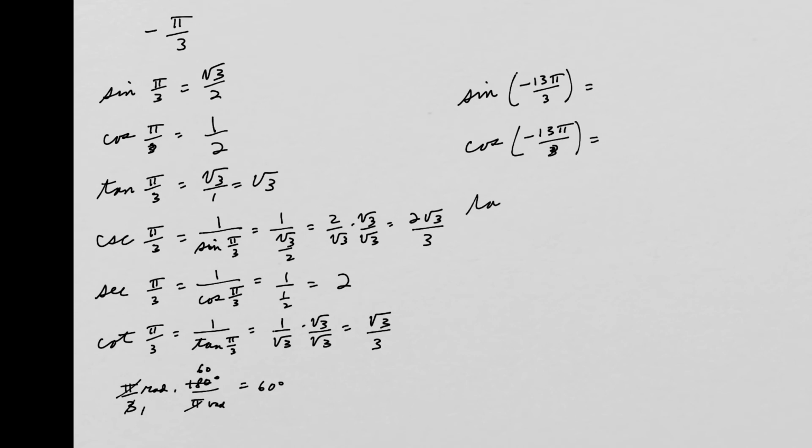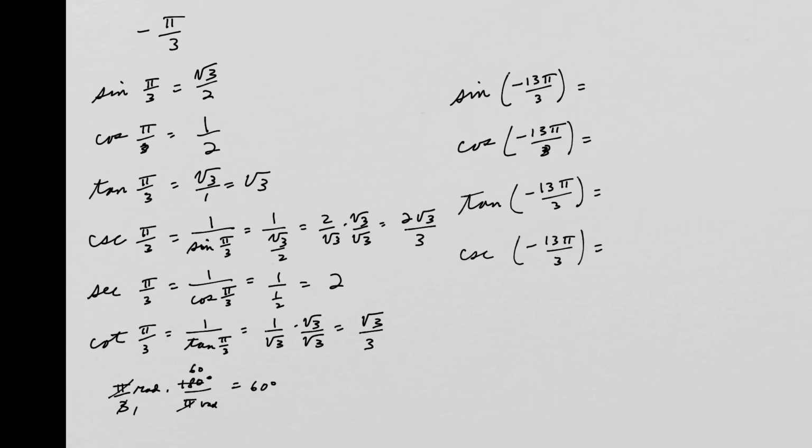And then tangent, this was the original problem that we want to solve. We had to first solve what the trig function was of the reference angle, right, which we just did. So now we can finish this up. And we know all the values are going to be the same, but they might have different signs, right, different signs.